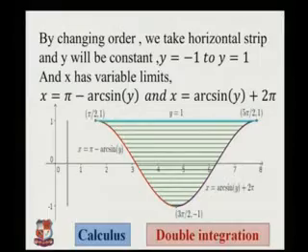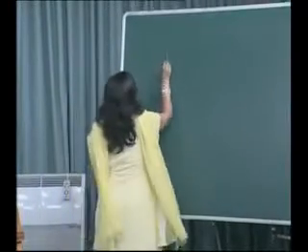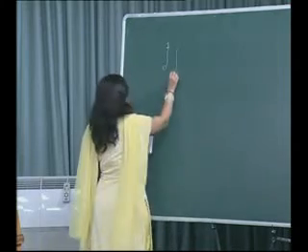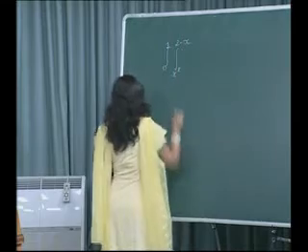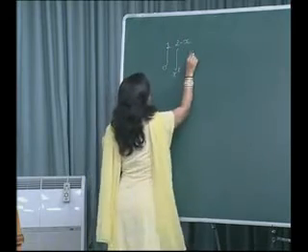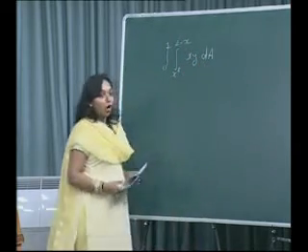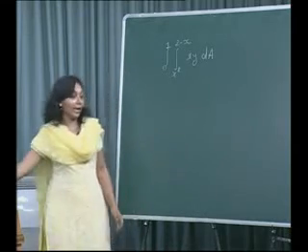So we are taking the example on the board. Suppose we want to evaluate the integration from 0 to 1 and integration from x square to 2 minus x of dy dx, by changing the order of integration. So here we will draw the diagrams.